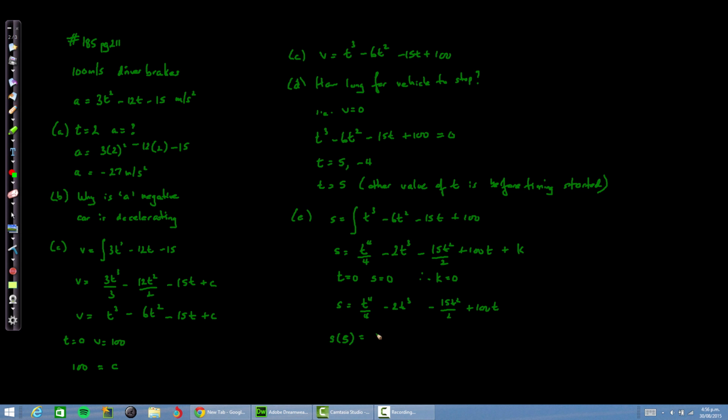Okay, and calculating that is something I'll get you guys to do. Sorry, my pen is not behaving very well here at the moment. Okay, and that should come out to 218.75, and the units would be meters. Okay, so that's an example worked through.